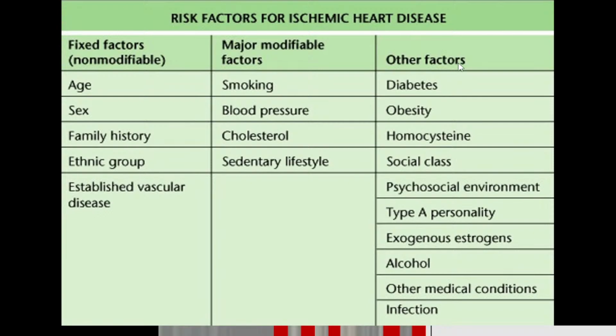And some other factors, like we have to control diabetes, obesity, usually associated with sedentary lifestyle. Homocysteine, rather a hidden problem, maybe social class, psychological environment, type A personality, exogenous estrogens.